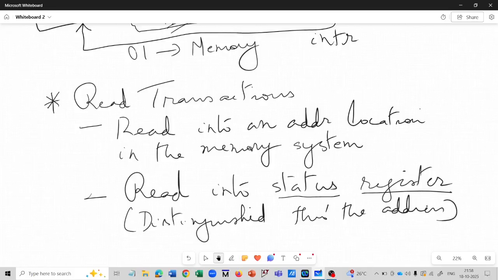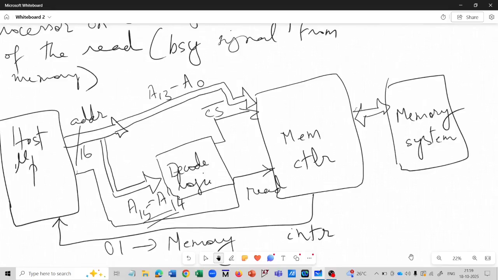So the address that is placed by the processor for the status register read will be totally different from the address range which is assigned to the memory system.